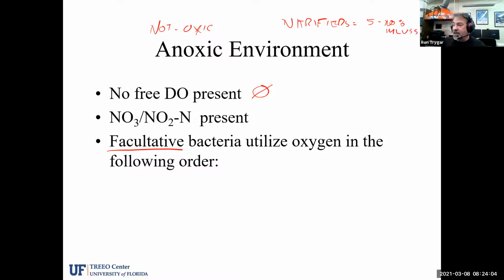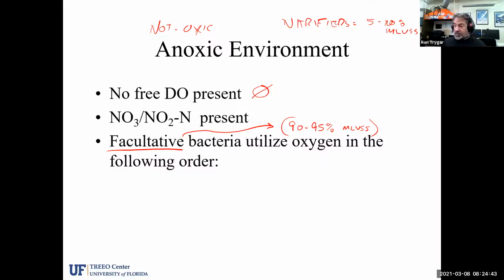Well, these bacteria, these facultative heterotrophic bacteria, make up roughly 90 to 95% of the MLVSS. So these bacteria are a huge amount of the population. So there's so many of them present, and they're willing to utilize the carbon either in the presence of oxygen or with a lack of oxygen, that we can make this actually happen.